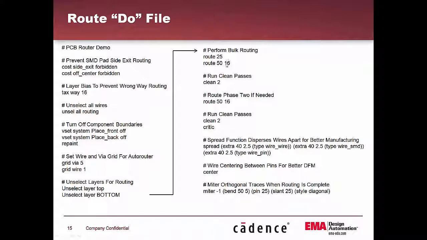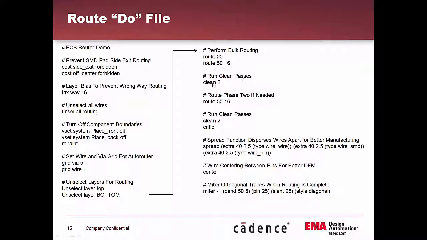So this is a key algorithm in the Autorouter. After we execute these, it runs 2 clean passes, or optimization passes, if you will, which will clean up or optimize any vias. So if it can be routed in a shorter manner and with fewer vias, it will pull out the vias and so forth.